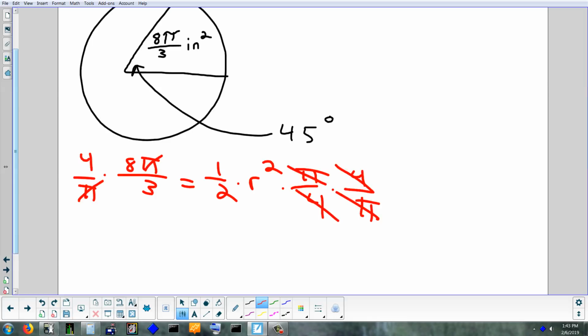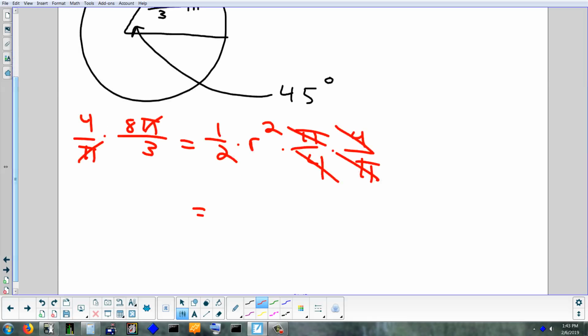Pi's are also gone on the other side. So a lot of stuff just canceled out. What's on the left-hand side now? 8 times 4, how much? 32 over 3. Yeah, it's 32 over 3 equals 1/2 r squared.